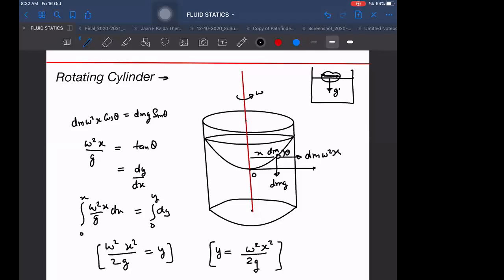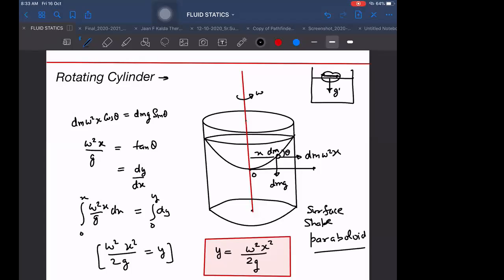This is the equation of a parabola. Means the shape of the surface will be that of a paraboloid of revolution. Paraboloid we call when we rotate the parabola. The surface shape will be paraboloid in nature.